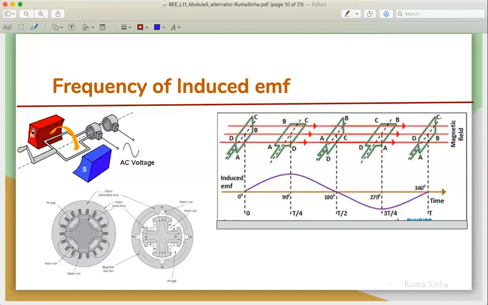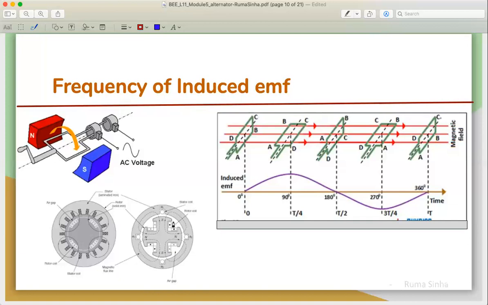This is in case we have 2 poles in the system. If I take 4 poles in the system, then from North Pole to South Pole, when the conductor moves, in an alternator the conductor does not move, the rotor itself moves. That means the poles are moving. If I take this conductor, this North Pole is aligned with this conductor. Now when this North Pole goes here, that means this South Pole comes here.